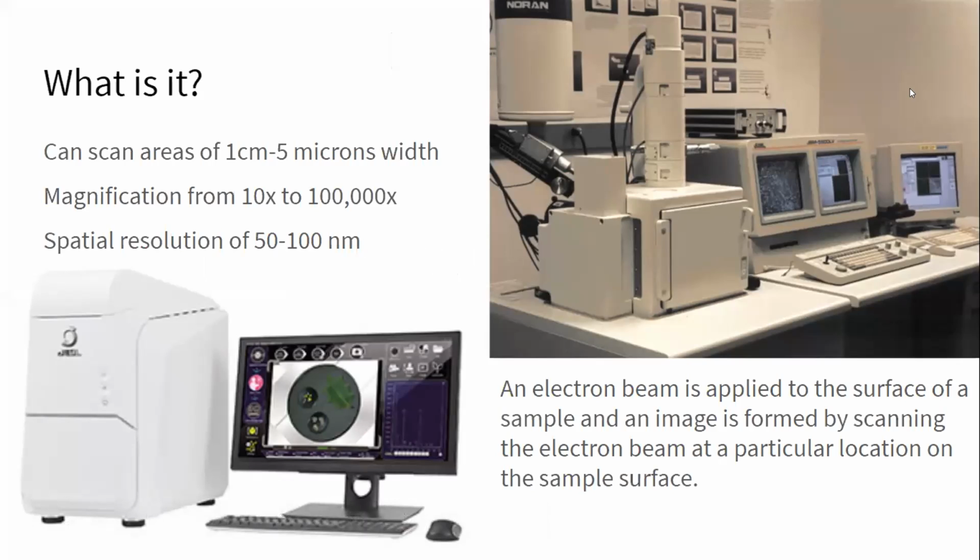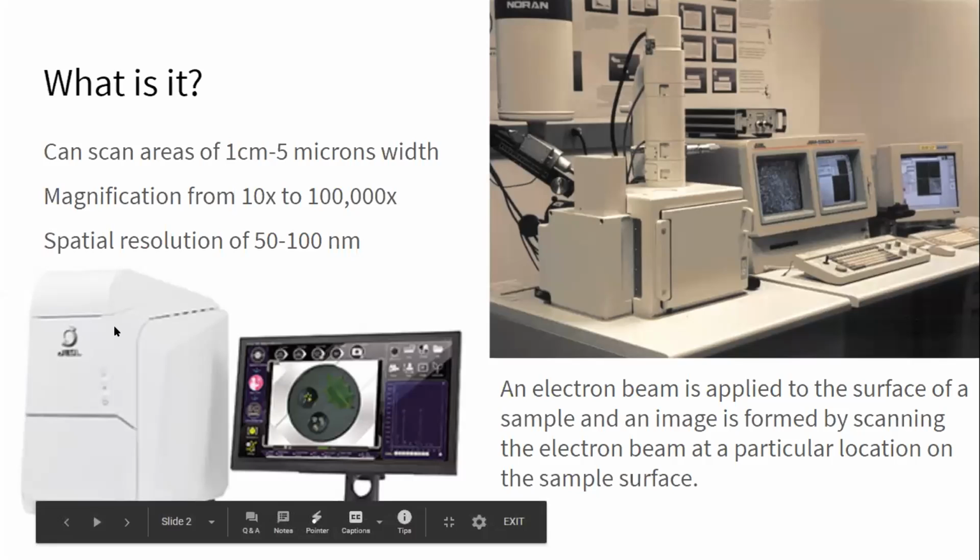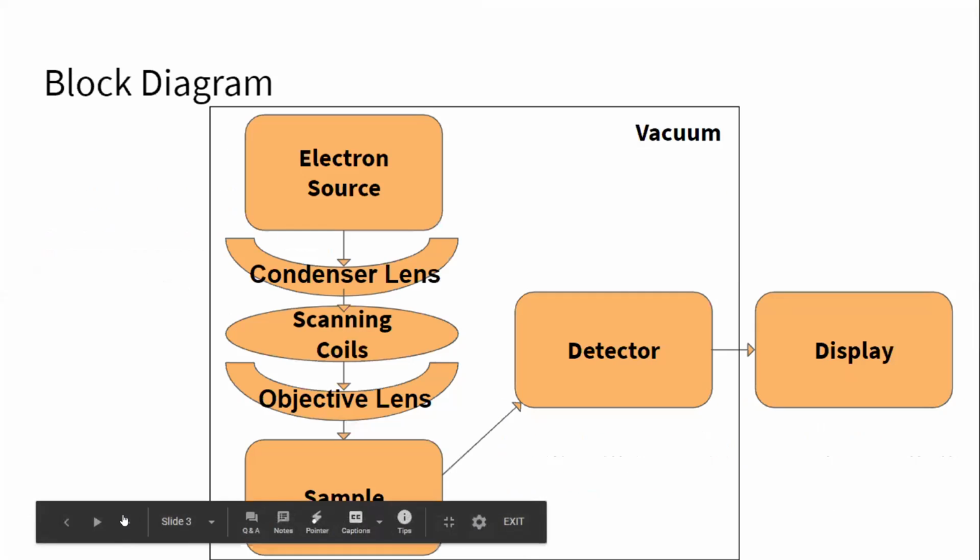What happens is an electron beam is applied to the surface of a sample, and that forms an image by scanning the electron beam at particular locations on the surface. At the bottom here is an instrument made by Nikon, so a familiar imaging company makes this scanning electron microscope.